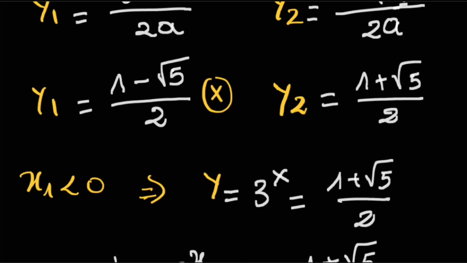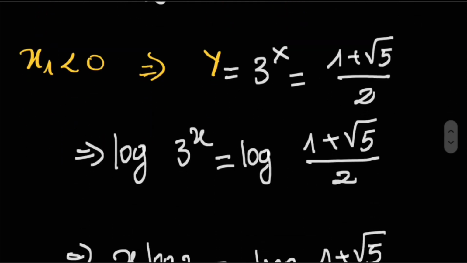Okay, since we're looking for the value of x, we have to apply our log. That is, the log of 3 to the power x will be equal to the log of this expression. And we know that the log of a to the power n is equal to n times the log of a.